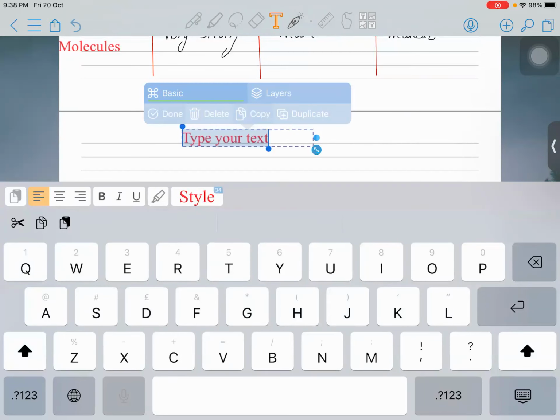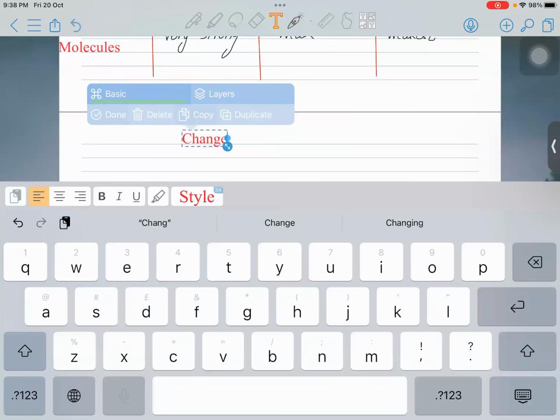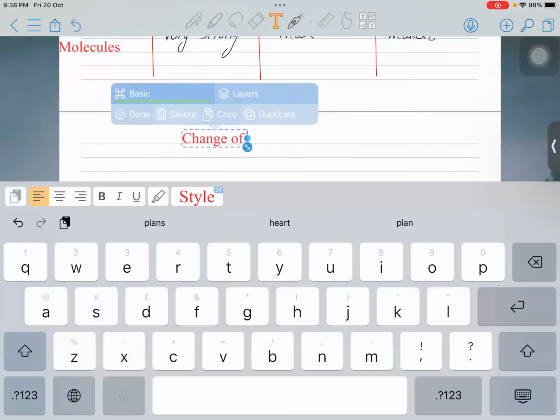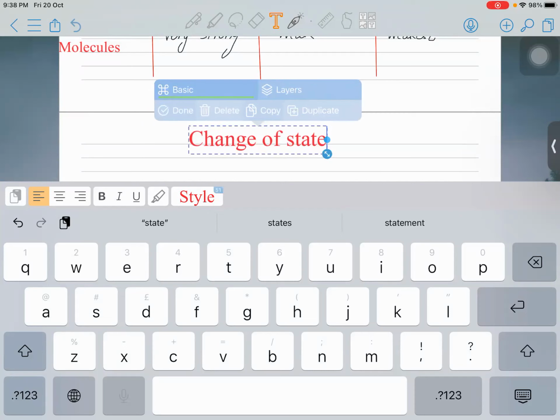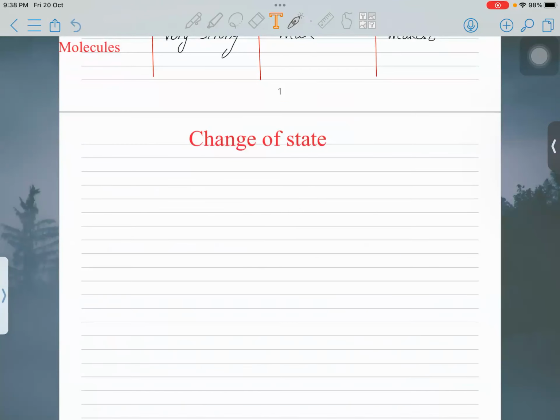Next is change of state. Yes, we have solid. Solid convert into liquid.